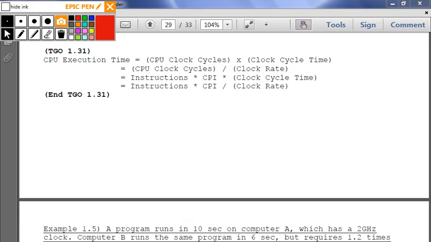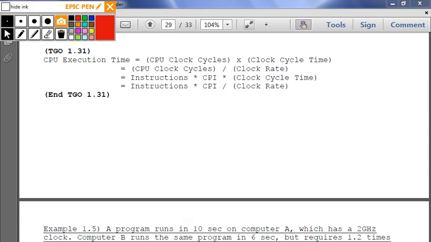Next, we have CPU clock cycles divided by clock rate, and we know that works because clock rate is just 1 over the cycle time. CPI is cycles per instruction, times instructions, we cancel that out. We now have cycles. Now we have clock cycle time, which is seconds divided by cycles. Those cancel out. We now have instruction time and execution time. And then the same thing, because we know that clock rate is 1 over the cycle time.